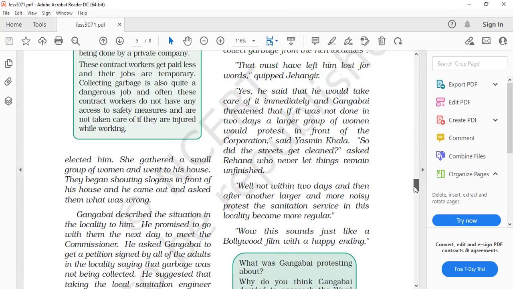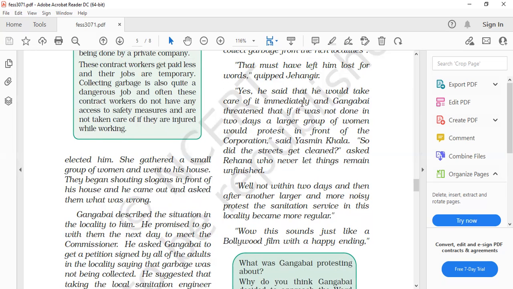It's a very short answer type question, but here is your answer. Gangabai threatened him that if it was not done in 2 days, a larger group of women would protest in front of the corporation. That's why within 2 days, the sanitation process was complete. So this is your answer.